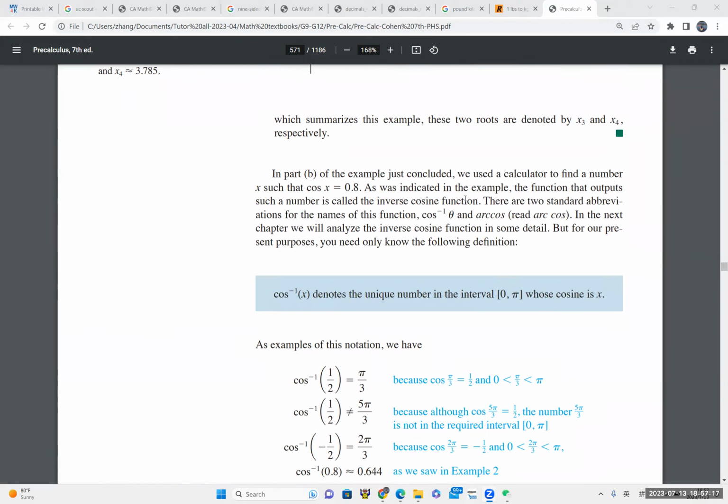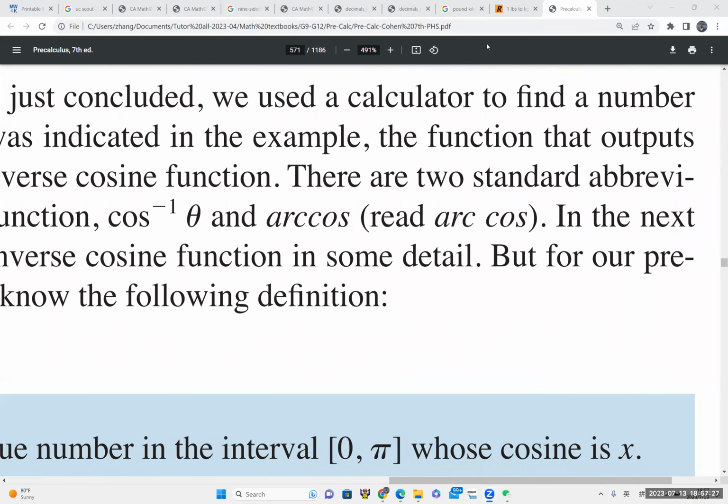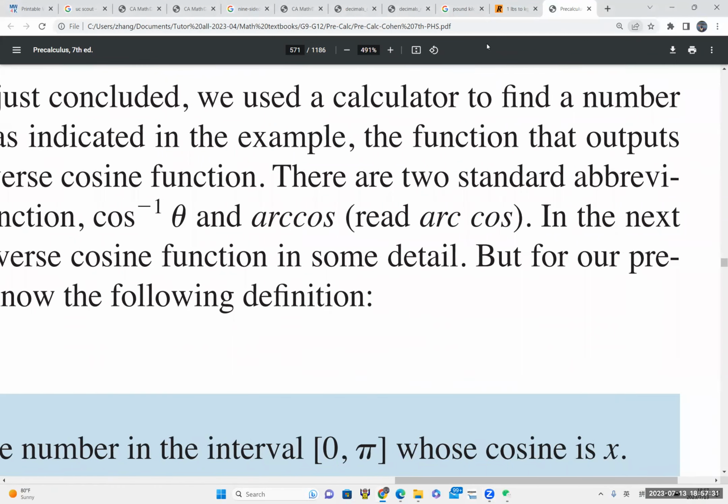Then this talks about the inverse of cosine. By the way, it's also called arc cosine. See here, for the inverse of cosine, we either denote it as this or denote it as this, arc cosine.